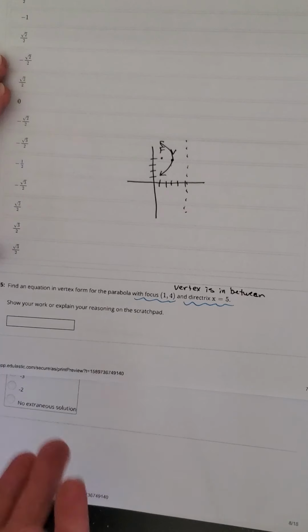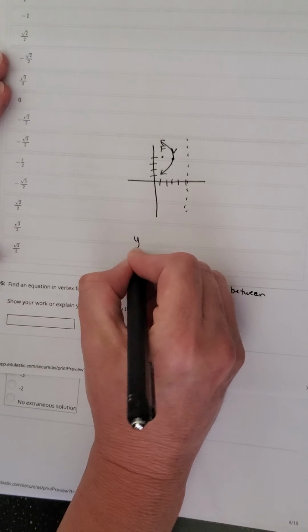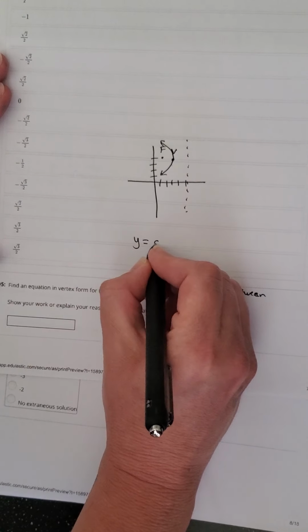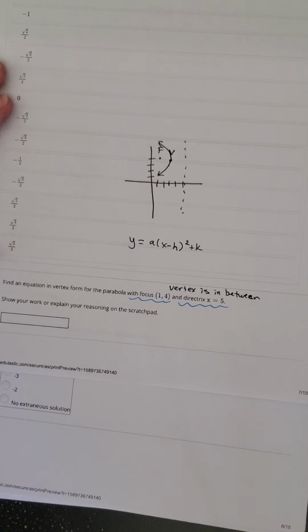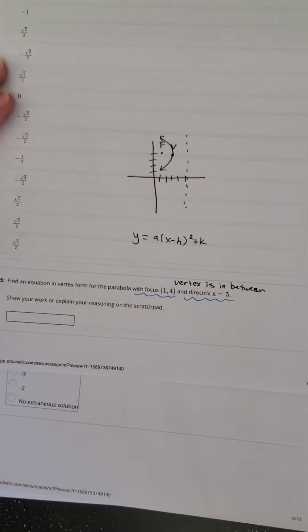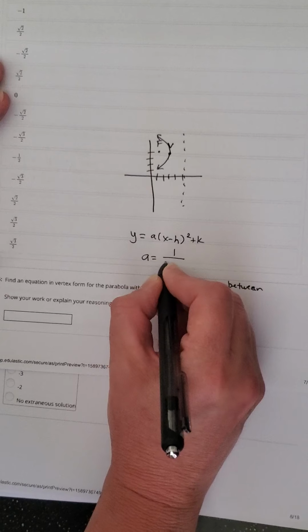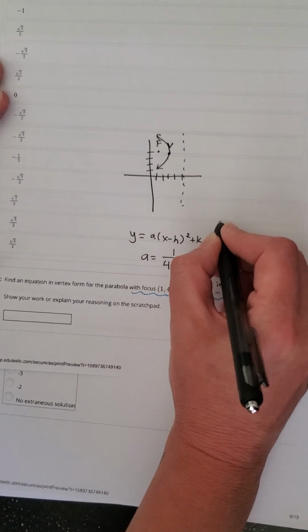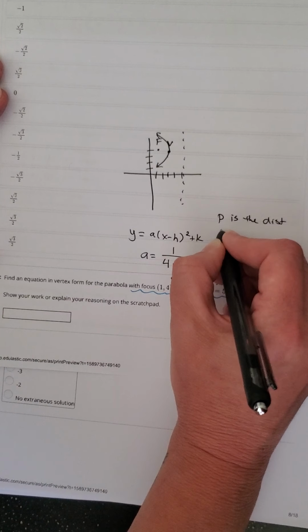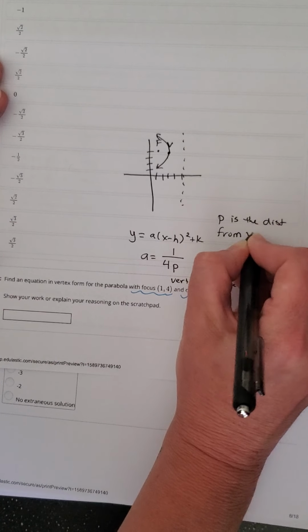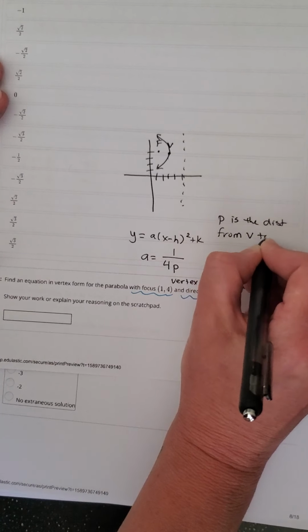All right, so then we do need to know one little formula. Well, of course, you should know y equals a times x minus h squared plus k, right? So that you should definitely know. But you also need to know this one little formula, which is that a is equal to 1 over 4p, where p is the distance from V to F. Now, in this case, it's opening to the left.